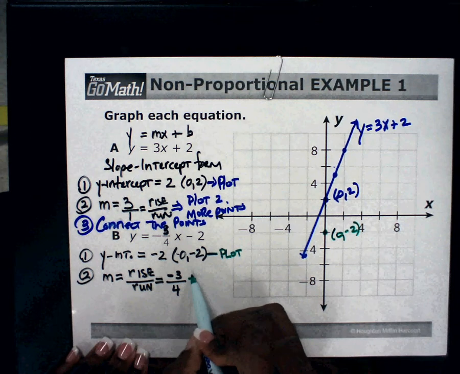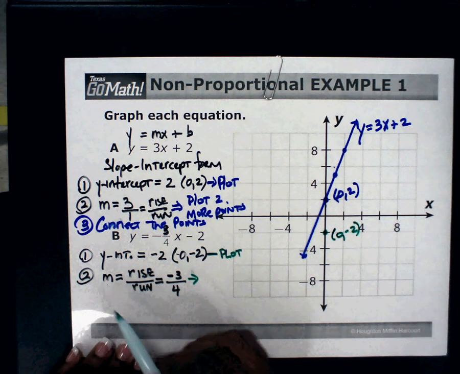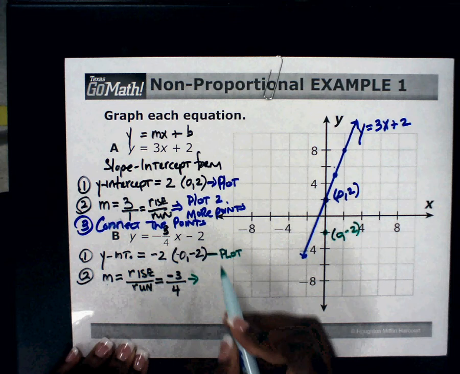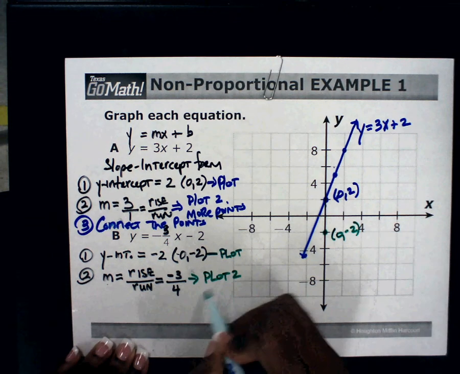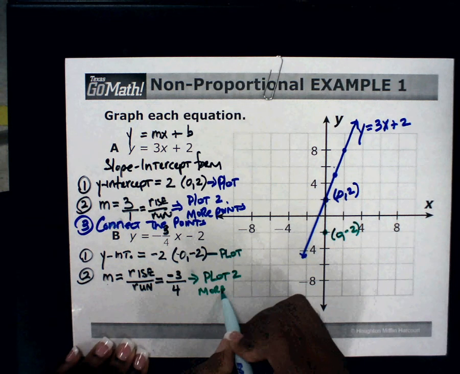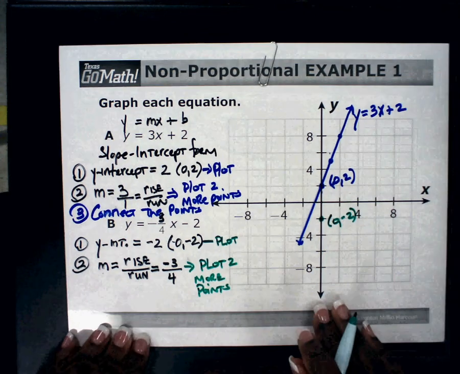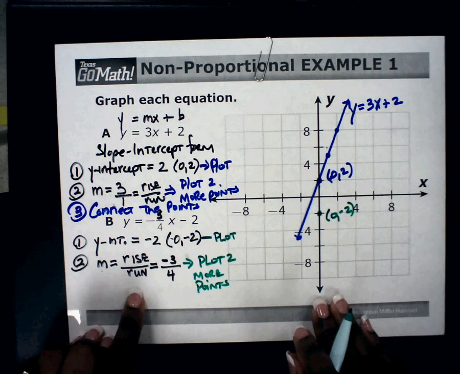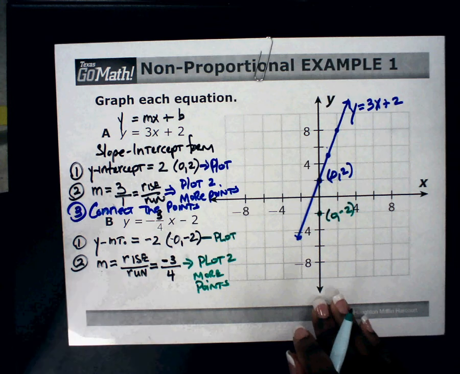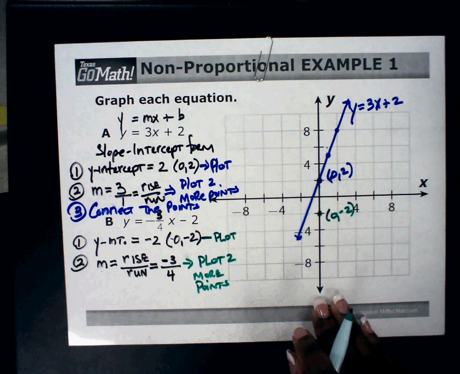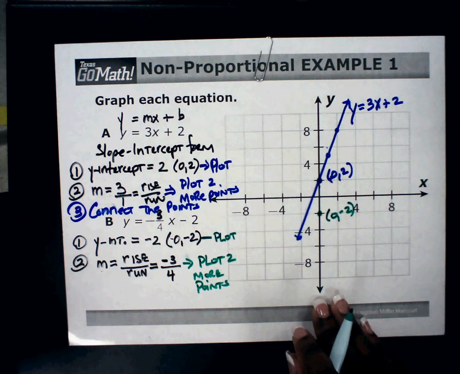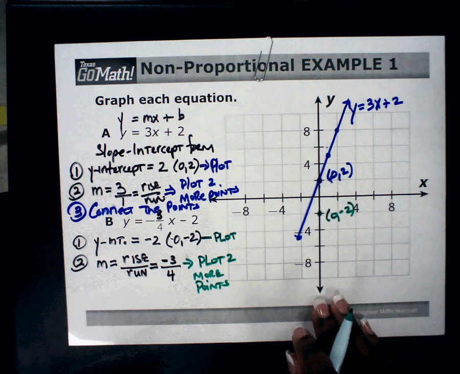Next, we're going to use the slope, our rise over run, to plot 2 more points. We use our slope to plot 2 additional points so we can check and verify that our points are correct, because we should be able to draw a straight line through all 3 points.